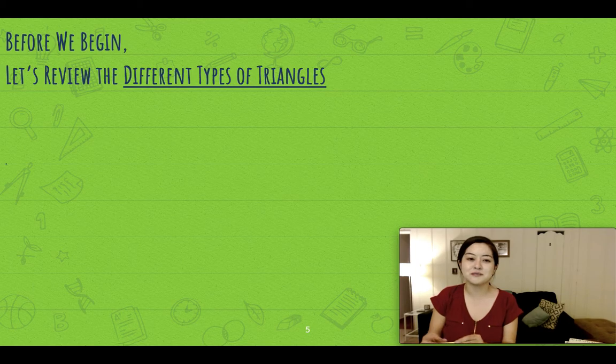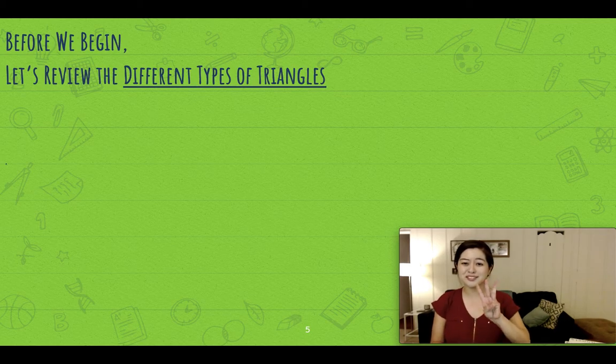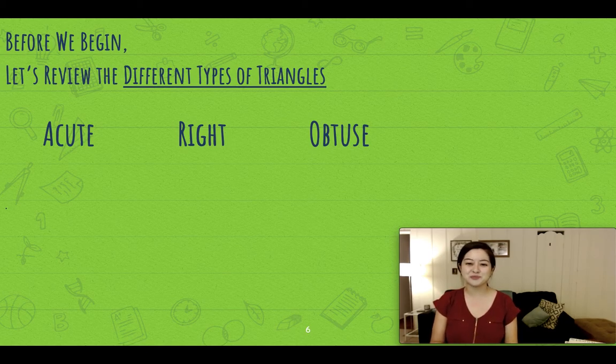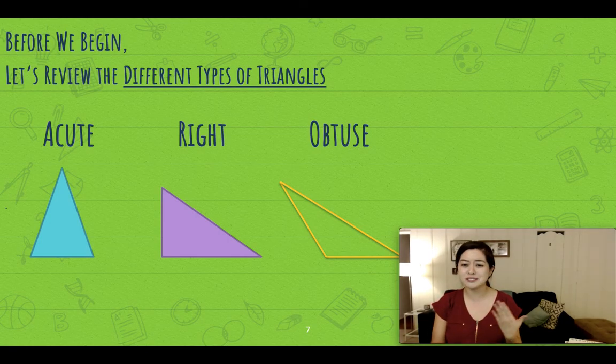Okay, so let's review the different types of triangles. Do you guys remember the 3 types that were in the video? If you said acute, right, and obtuse, good job. So I just drew some examples of an acute, right, and obtuse triangle.